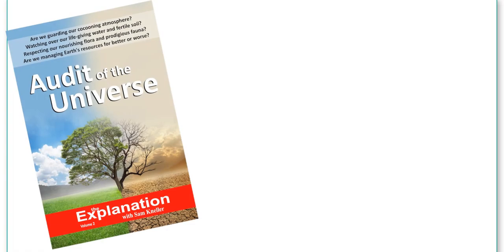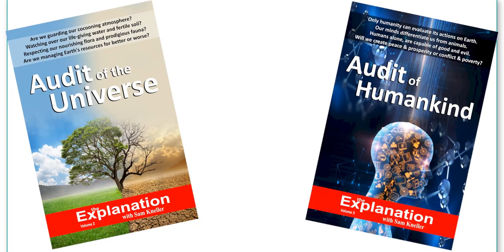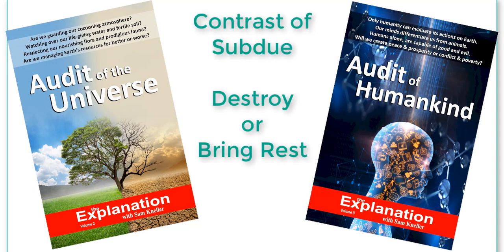That's why we can do an audit of the universe and humankind. There are daily articles about our positive and negative impact on people, the environment, and ecology. People subdue to destroy or bring rest.